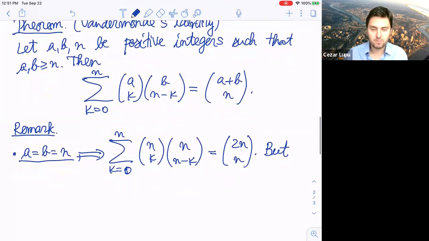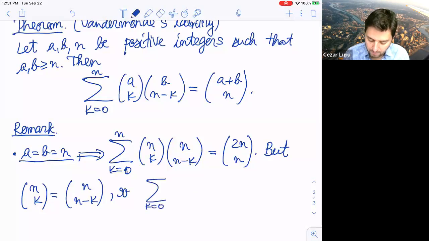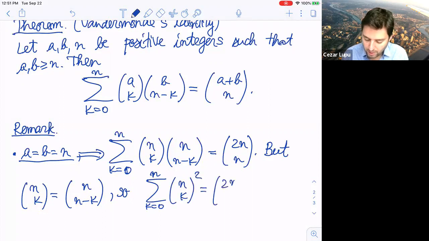Also I forgot to mention, but you can actually prove this, N choose K will always be equal to N choose N minus K. So the identity becomes the following: the sum of N choose K squared is 2N choose N.